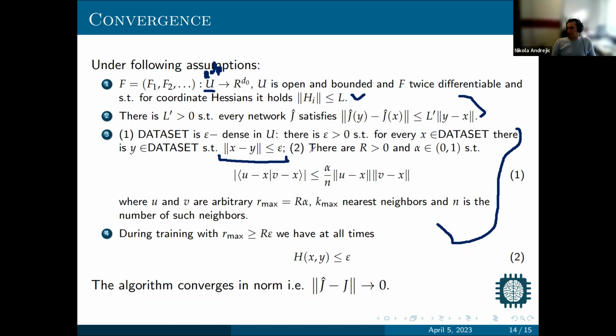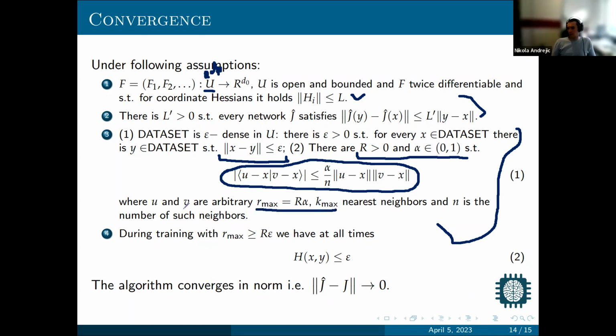And then there are some constants r and alpha such that this is satisfied, where u and v are arbitrary nearest neighbors, and then this is the number of such neighbors with respect to these hyperparameters. And this assumption is to me very problematic, but they need it for the proof of convergence.